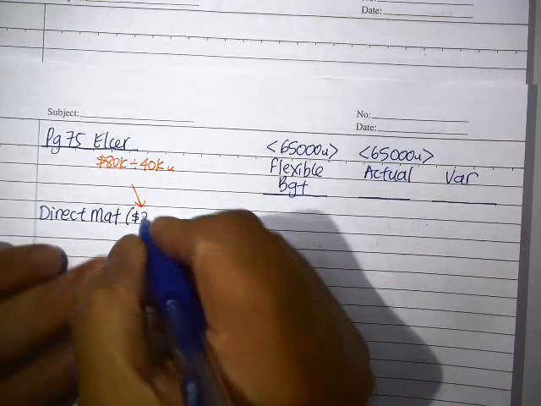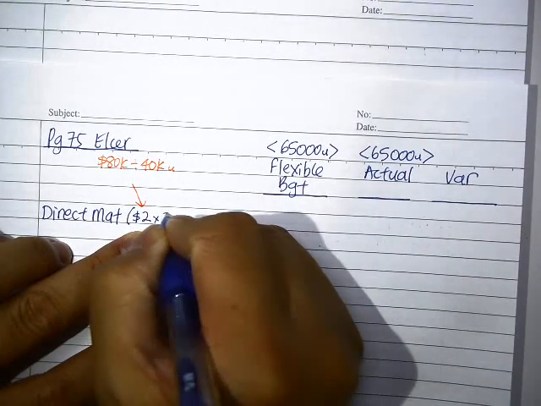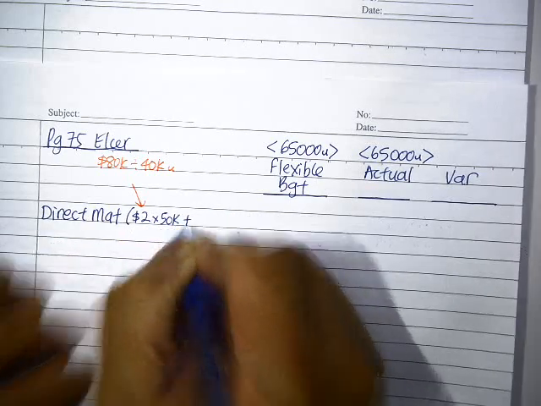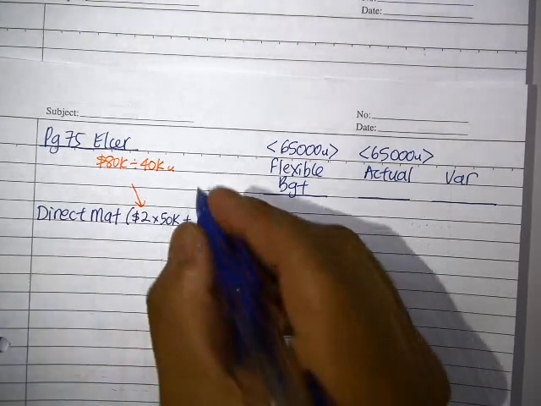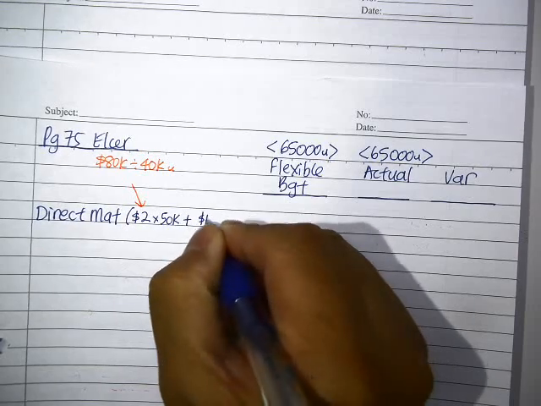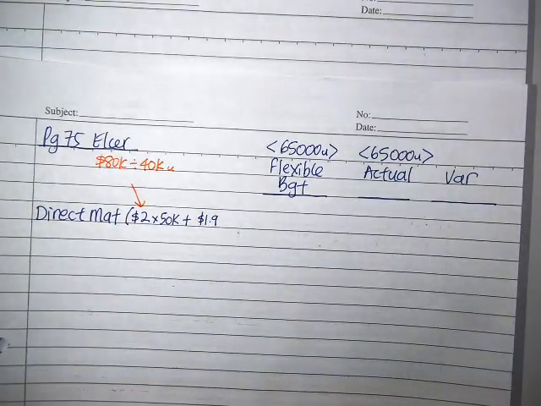Like if I calculate separately means I will do it that way lah. So multiply with 50,000. And then, okay, and then the 5% discount is 1.9, right?